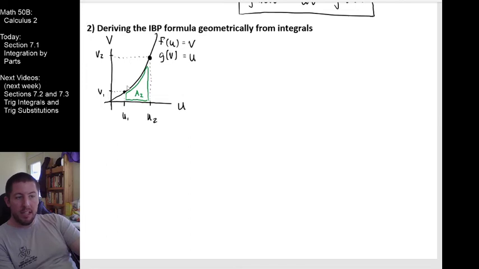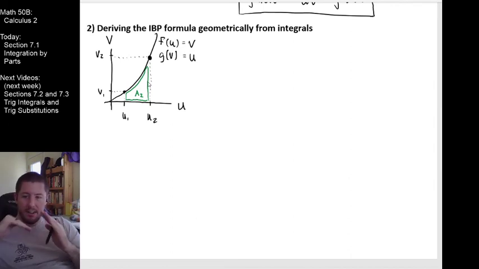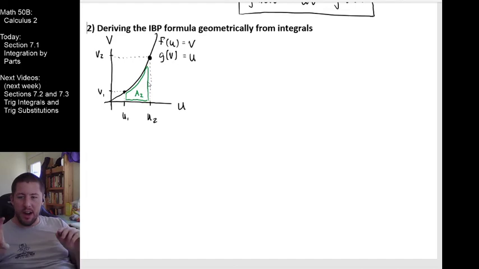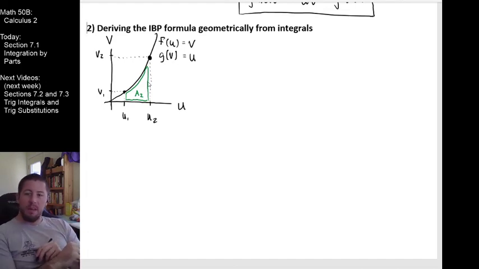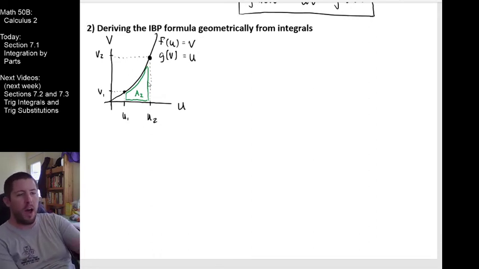If we integrated g of v, it's still describing this curve, but now the area is no longer a vertical area underneath. It would be a horizontal area over to the y-axis, because this is a flipped thing, an x as a function of y. So this gives us the area towards the y-axis. Now I'm going to do the exact same thing, making sure that we understand that this is a region of interest right here.